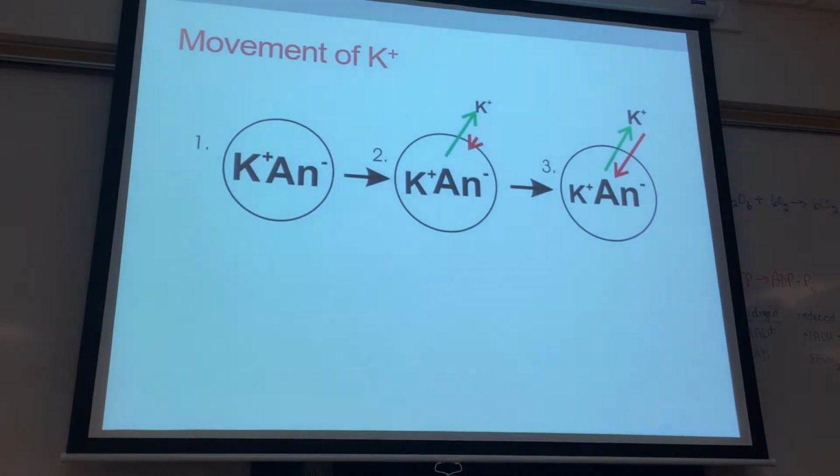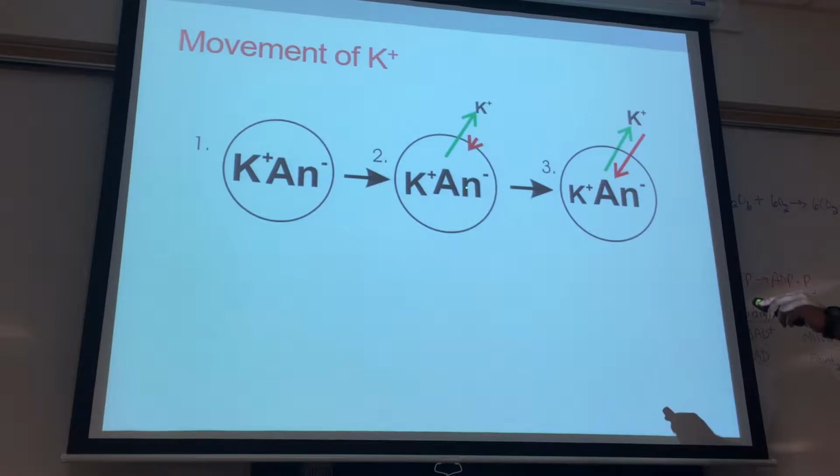Taking a look at that, this is just another slide basically illustrating the same thing, where potassium ions are mixed in with our anions. The concentration gradient, represented by green, is going to want to drive potassium out of the cell, while the electrical gradient, or the membrane potential gradient, wants to pull our positive ion back into the negative intracellular fluid, or at least the negative intracellular side.